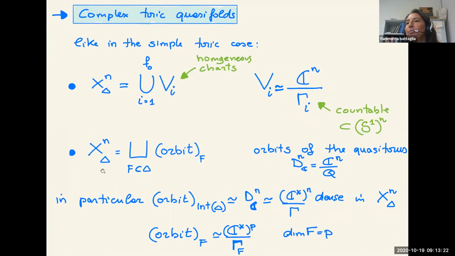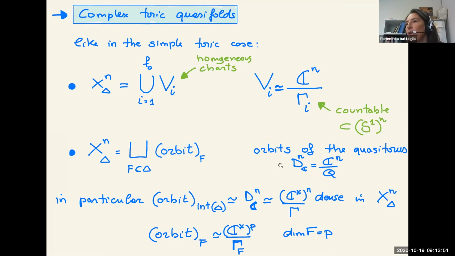And also our complex toric quasifold is a disjoint union of orbits of the complex quasitorus. I'm not spending much time defining these objects because Elisa already defined them in her talk.